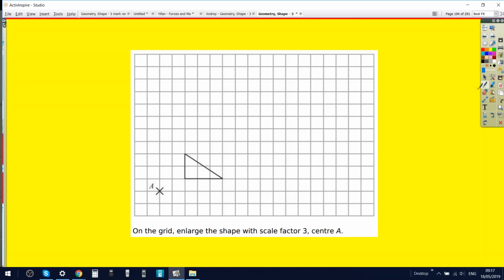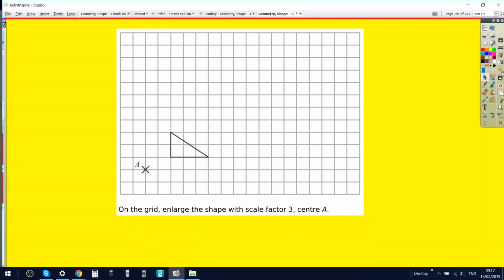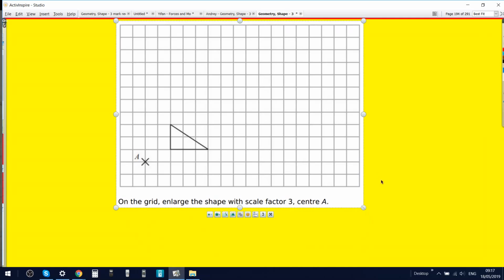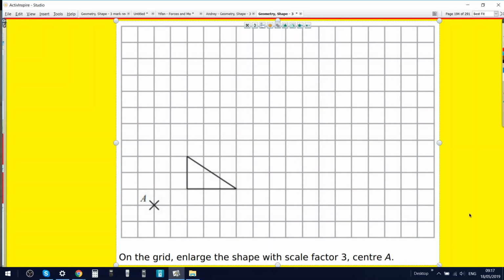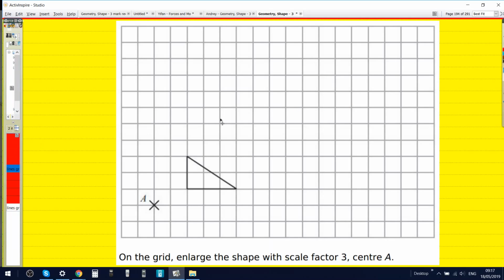Okay, how do we do this? I'll say scale factor 3. So does that mean that it needs to have 9 squares across horizontally and vertically? From the bottom left point, do you need to start it from the same bit for A as well?